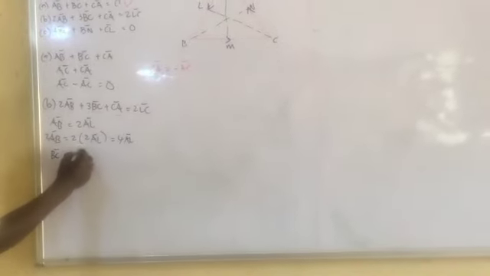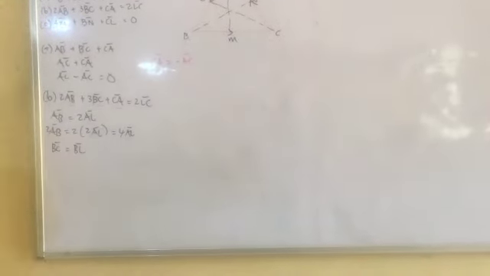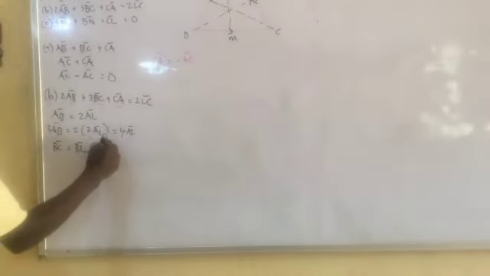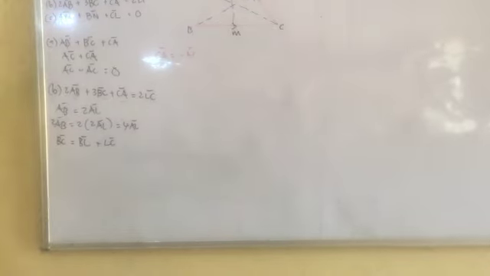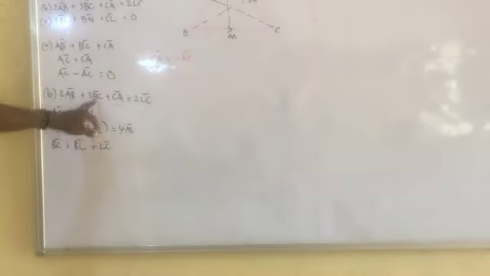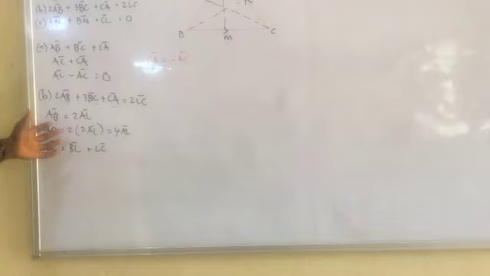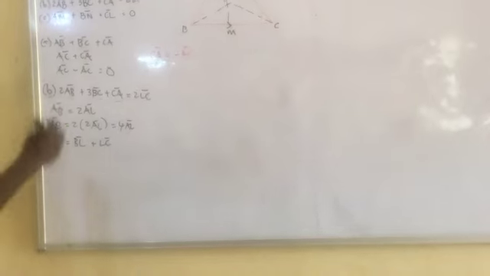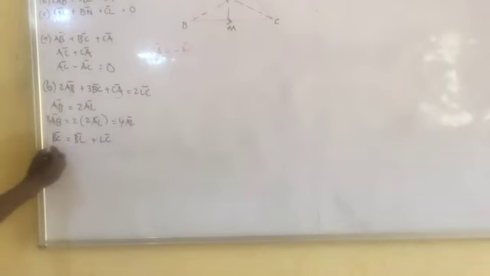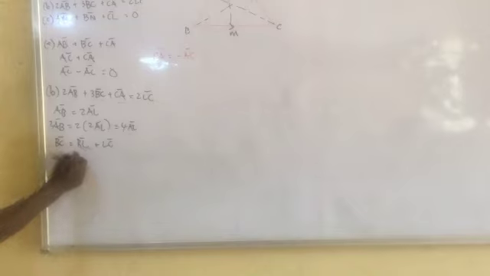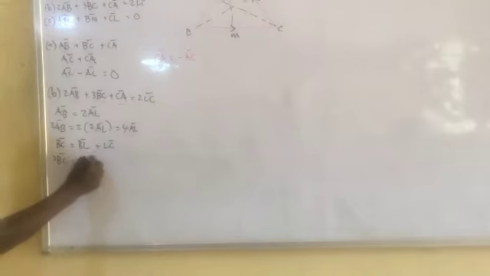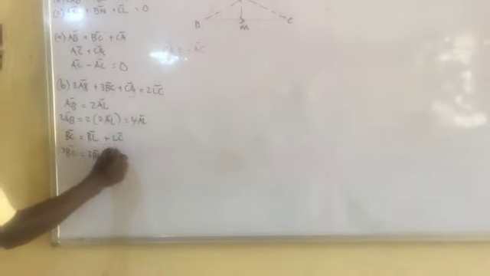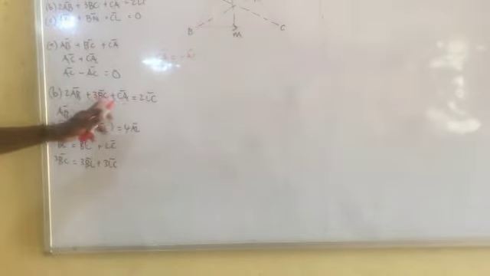So BC is equal to BL plus LC. But in the question we are having 3BC, so let's insert what we have. If BC is this, what will be 3BC? 3BC will be 3BL plus 3LC. So we've gotten our 3BC also.